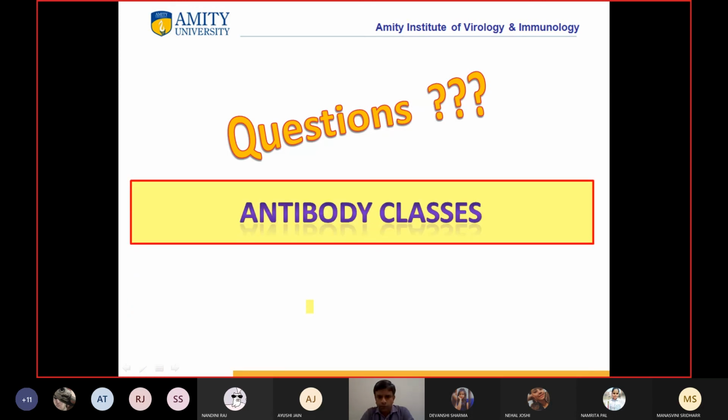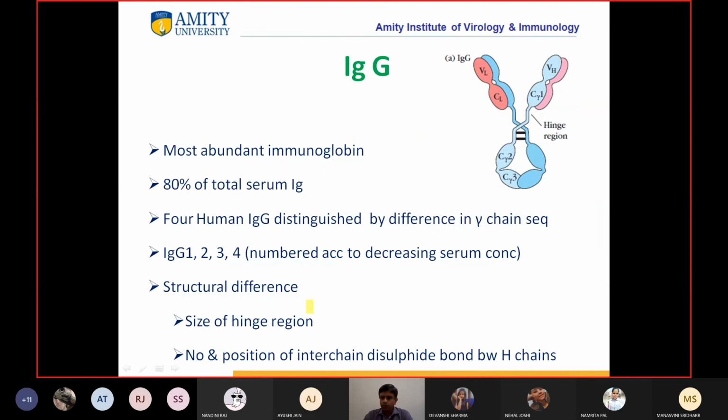Okay. So now we'll start with antibody classes. By this time, you know, there are 5 different classes, so now we will talk about each class one by one. First one is immunoglobulin G, IgG.